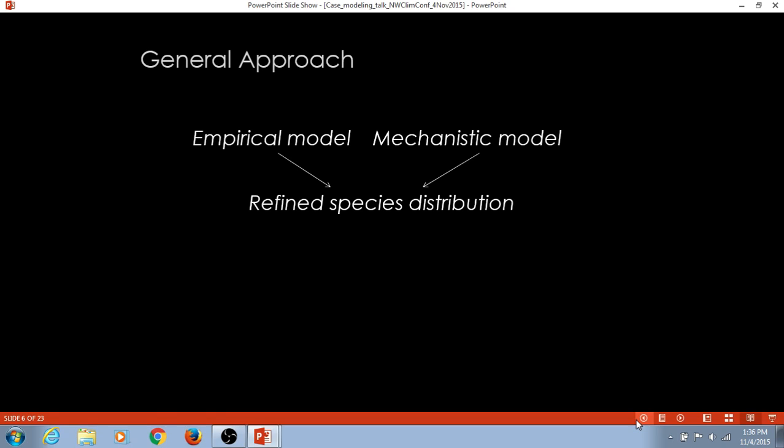So the general approach for this research was to integrate or combine empirical and mechanistic model outputs to refine species distributions, essentially trying to come up with some more realistic projections of where species might be in the future.